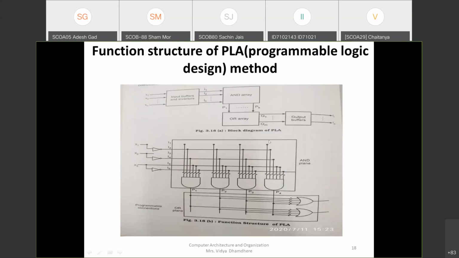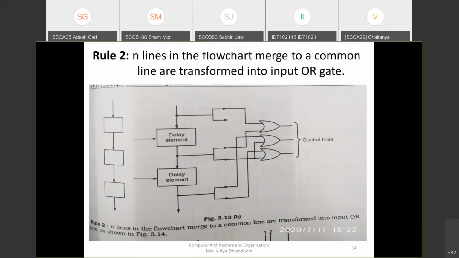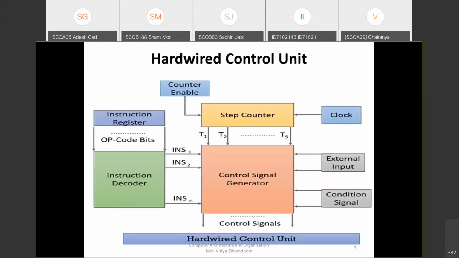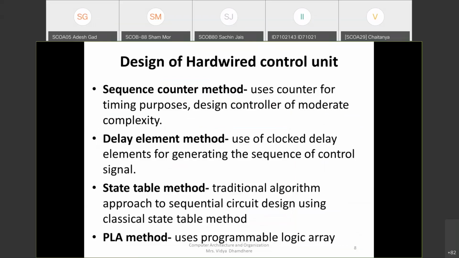These are all theoretical, but too many diagrams are there. Please put it in the chat box if you have any doubts. No doubts. Okay.